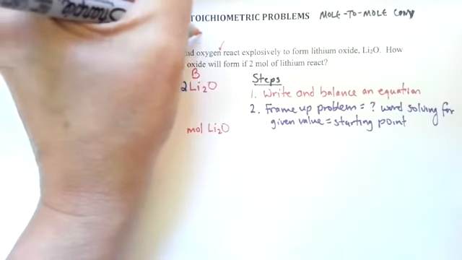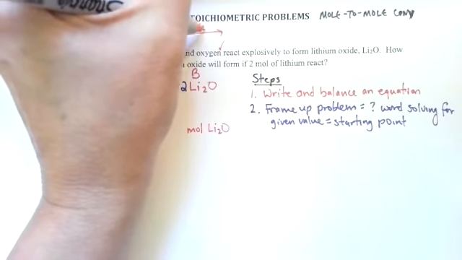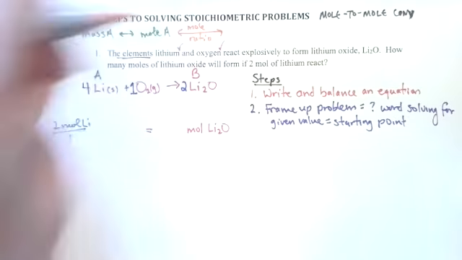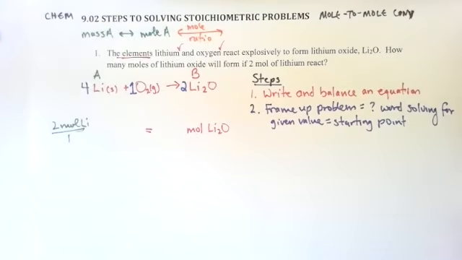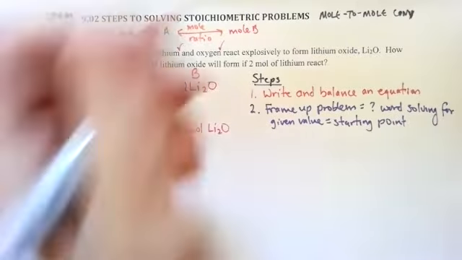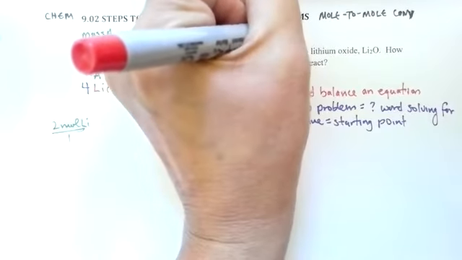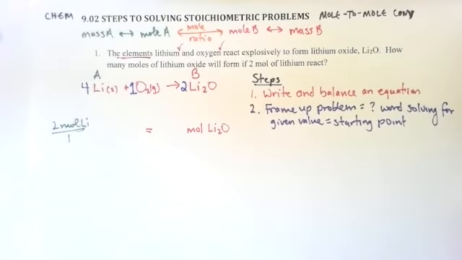And then I can use the mole ratio to go to moles of B. And I can get between moles of B and mass of B, and remember the conversion factor that gets us between mole and mass is molar mass.